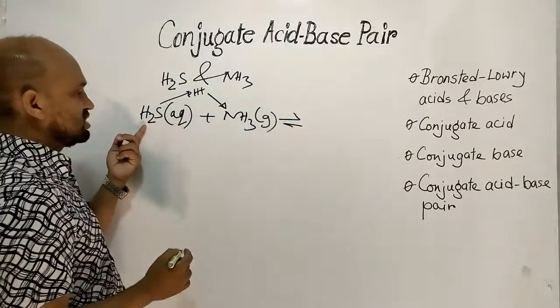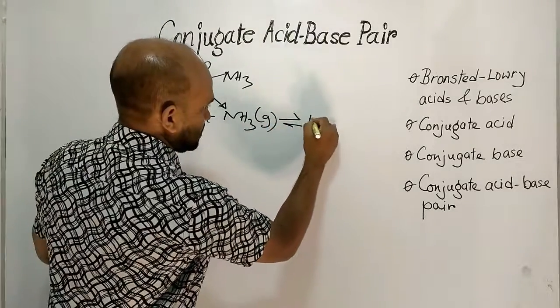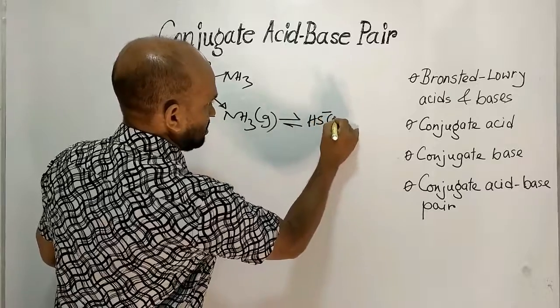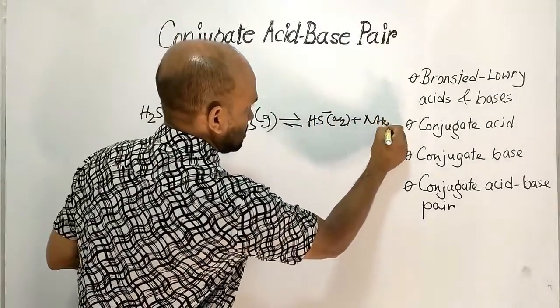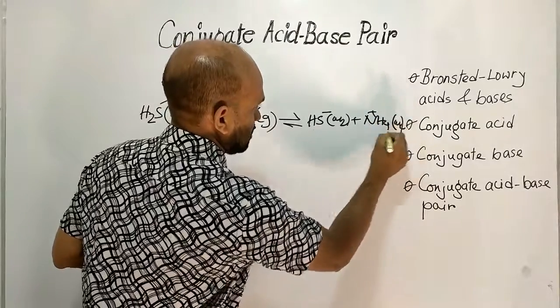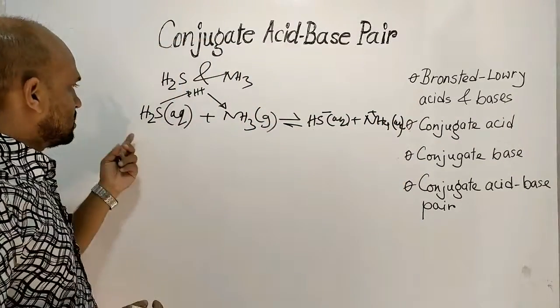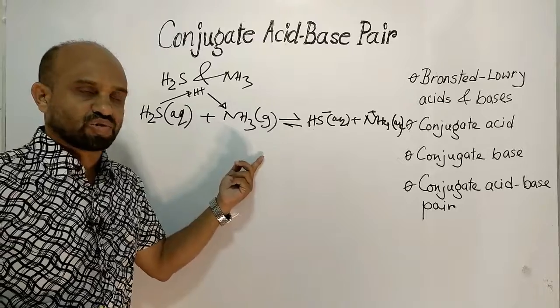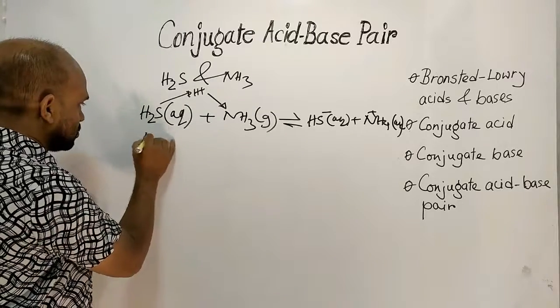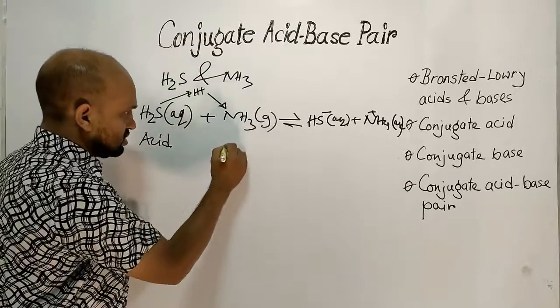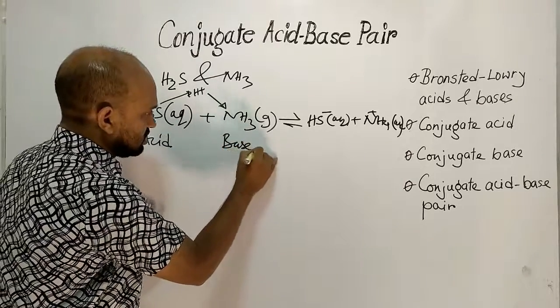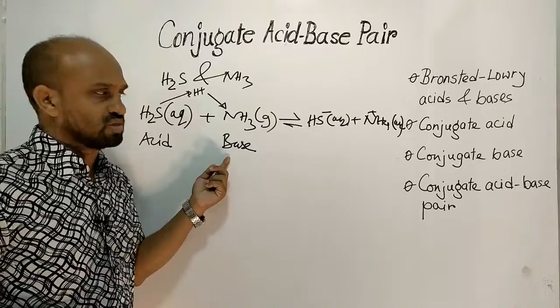After releasing proton, it becomes hydrosulfide ion and ammonia becomes ammonium ion. When the reaction is moving forward, this is proton donor, Bronsted-Lowry acid. This is proton acceptor, Bronsted-Lowry base.